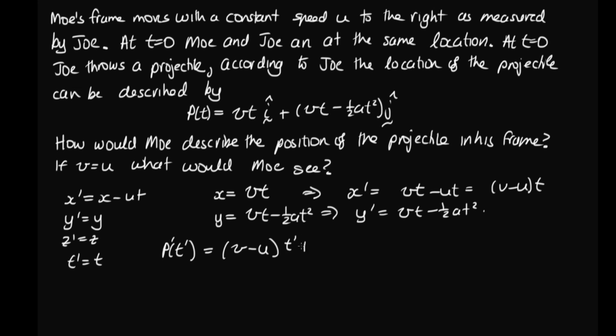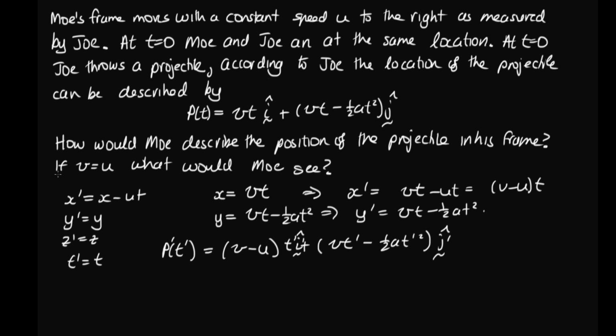And then we've got plus, this is the same, and again we'll replace t with t prime just so that everything is in Mo's frame. So we've got (vt prime minus a half at prime squared), and then that's times j prime, and here I left off the i prime. So now we've written down the equation of the motion in Mo's frame.